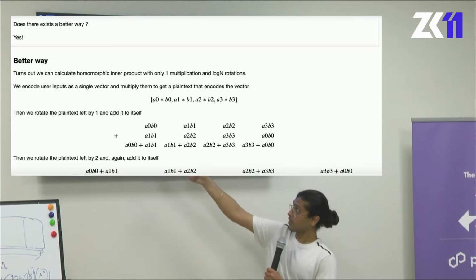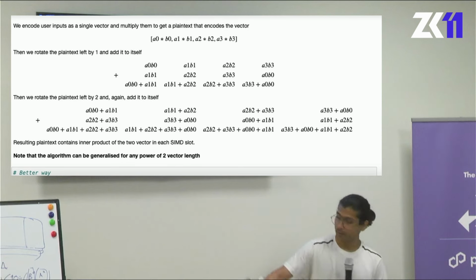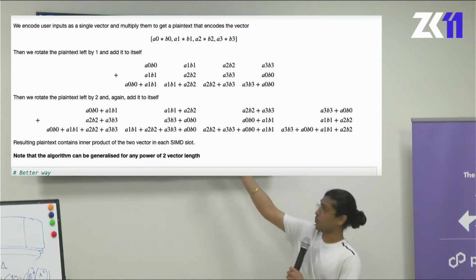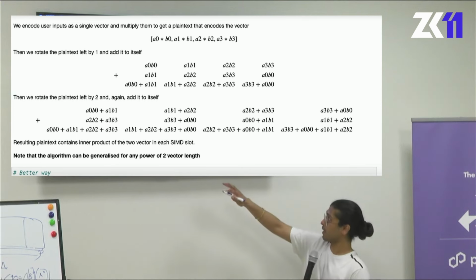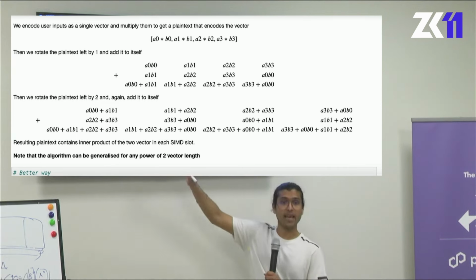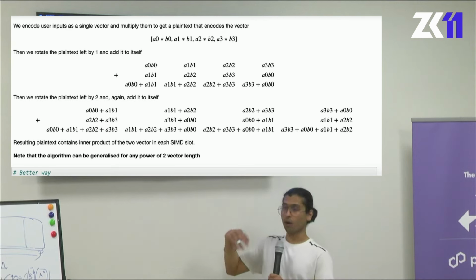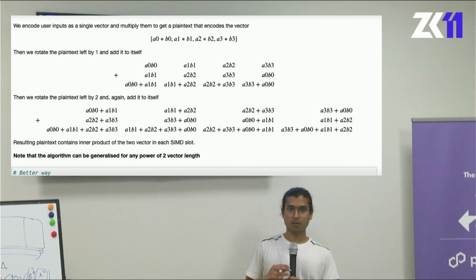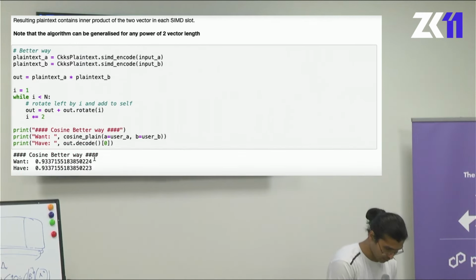And then we rotate this by 2, add it to itself, and we get this, which is the addition of all the values. And if you have a vector of size n, you can add all the values with a logarithmic number of rotations, right? And that's it. So that's what we've done here.